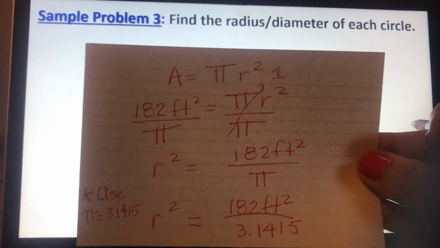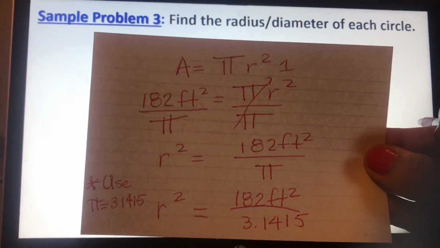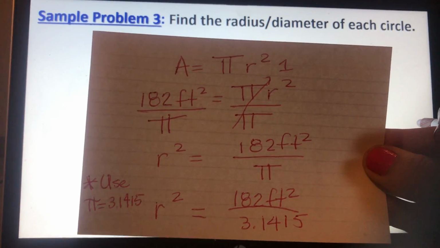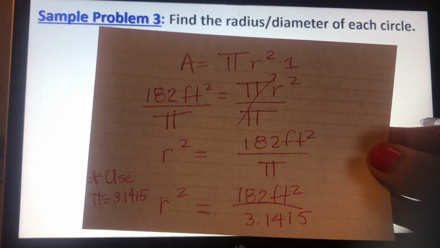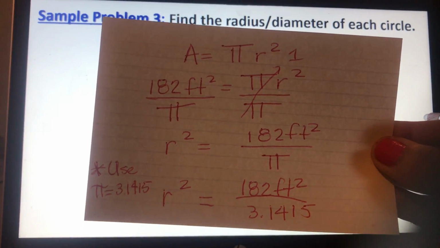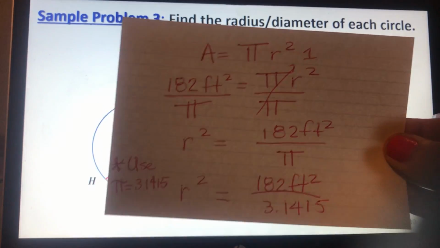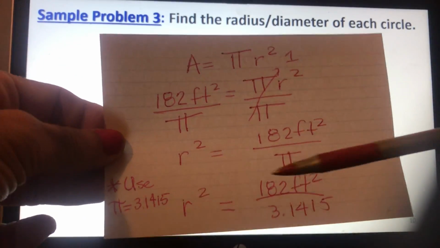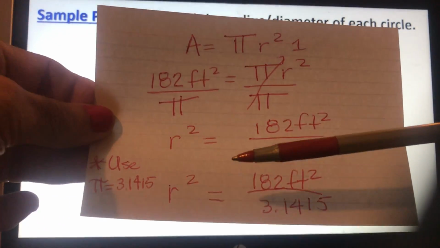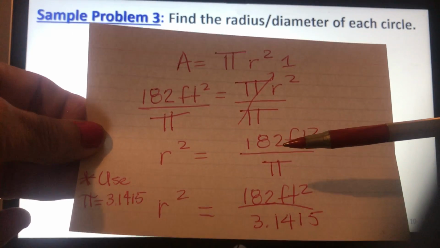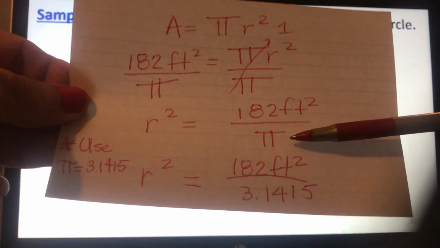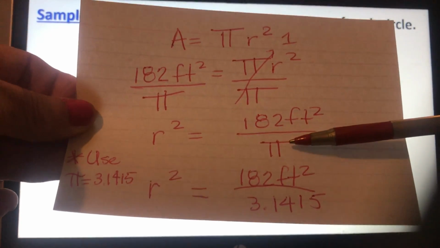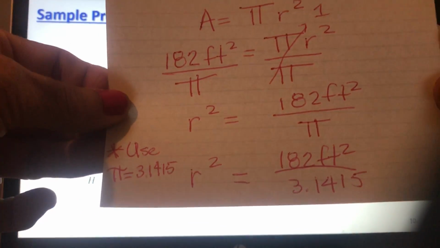But we need to find the measure of R. That means we divide by pi on both sides, and on the right side pi divided by pi is equal to 1. So R squared is equal to 182 square feet, the area of the circle, divided by pi.